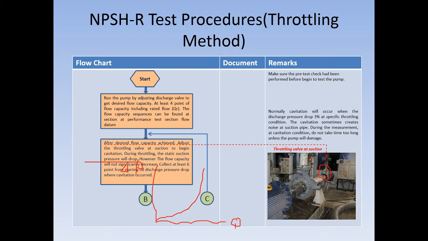There is a motorized valve, so it's easier for you to throttle the valve, and more specific, especially when the actuator is DC. You can divide the valve closing or opening into very small parts, and you can capture very good data.